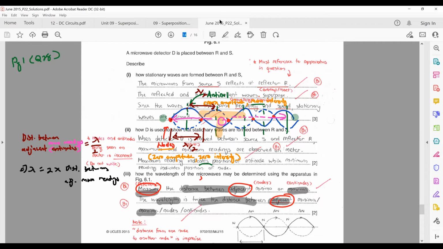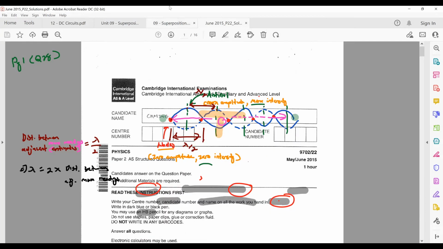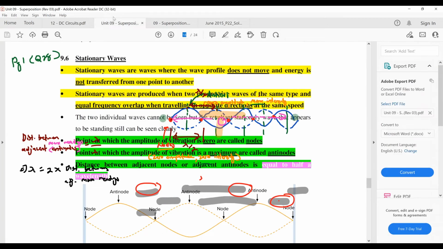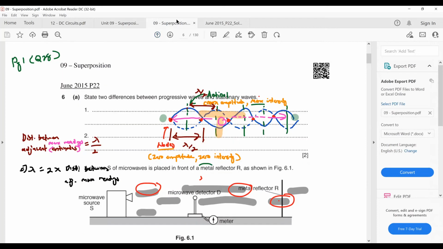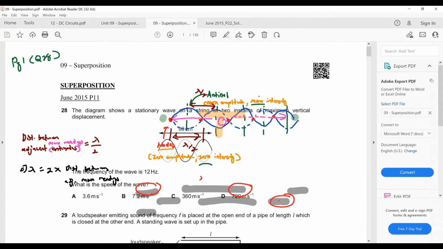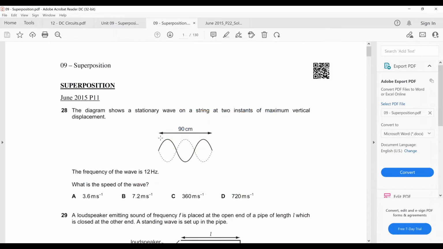Okay, so if that one is fine, then we look at page 1, question 28. All right, so page 1, question 28. Okay, sorry, I'm looking at the notes. Right, so I'll clear off everything here.